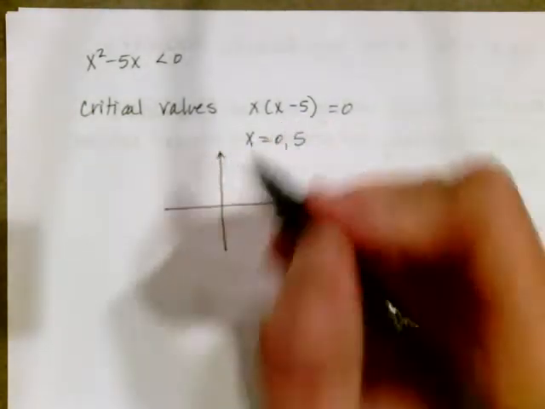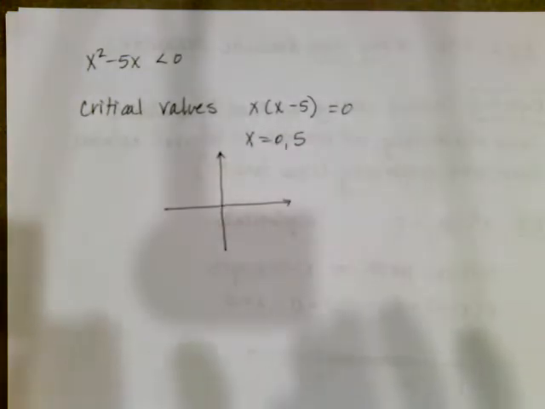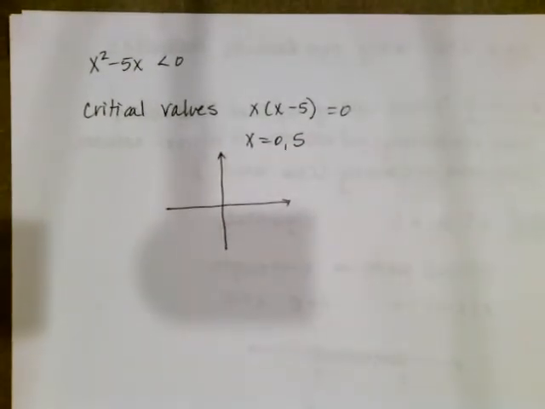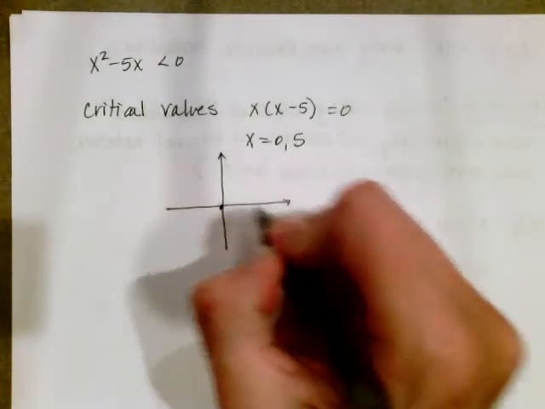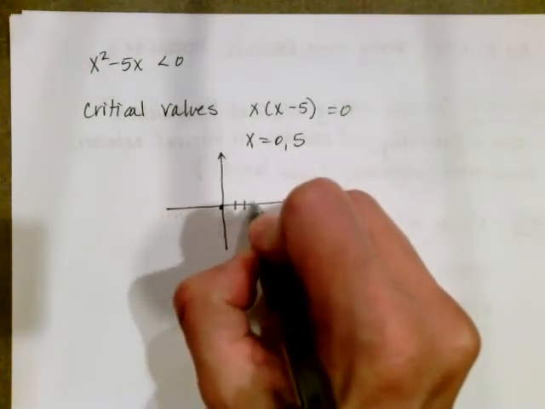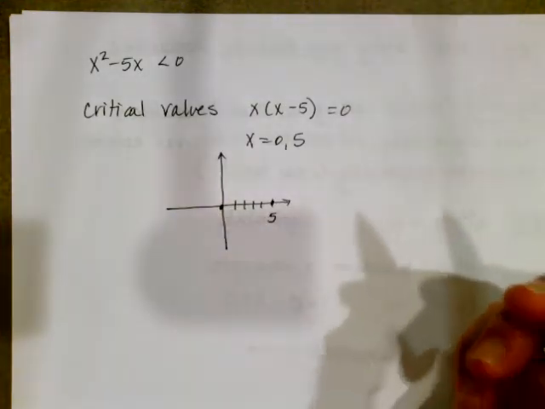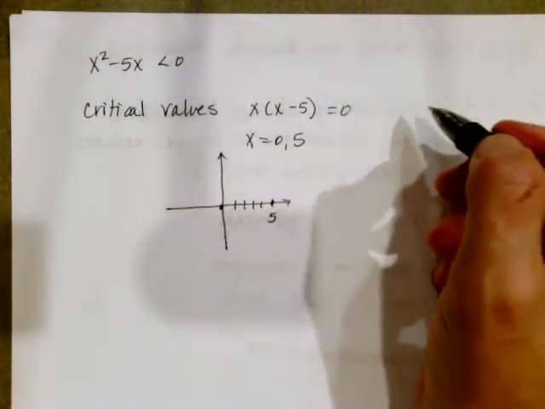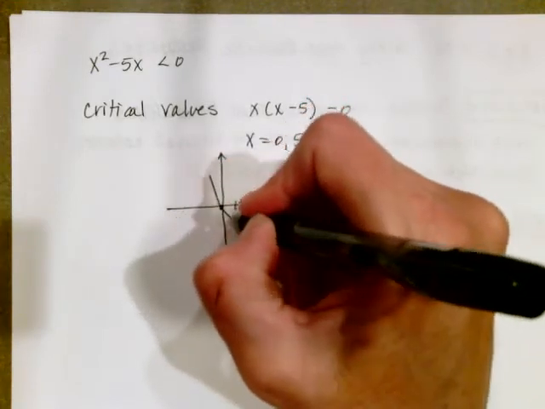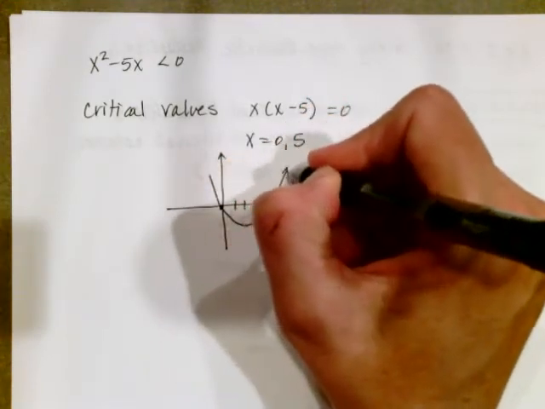I don't need the vertex in this particular application. I just need to know if the parabola goes up or down and what its x-intercepts are. So I have an x-intercept at 0 and at a positive 5. My x squared value is positive, so I know that the graph goes up.